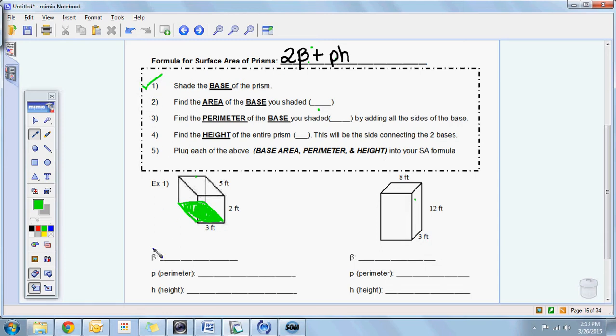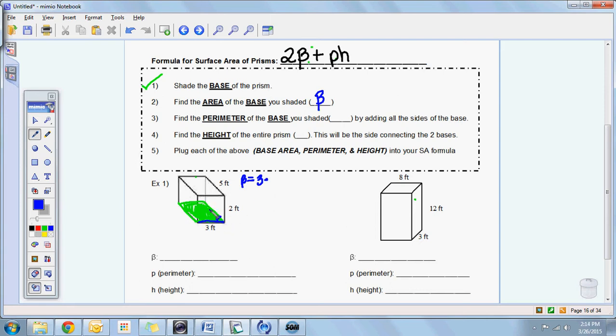The second thing you're going to do is find the area of that base. And that's where this funky looking B comes in, the base area. So the shape that I shaded, if I needed to find the area of that rectangle, you would do base times height, right? That's how you find the area of a rectangle. So this is my base, because remember this is a right angle. Base is 3 times the height of this shape.